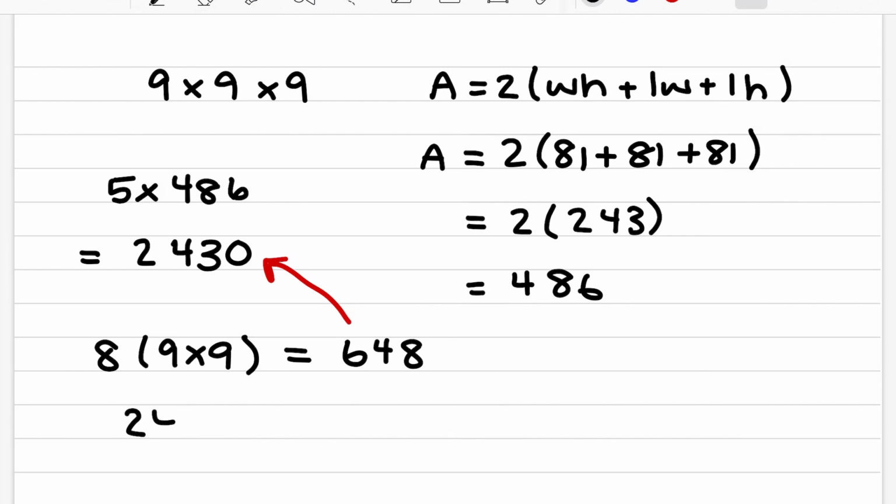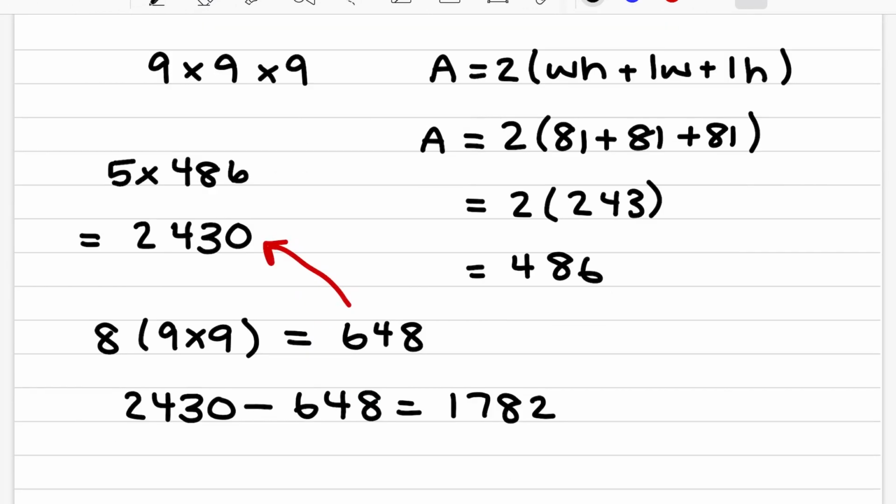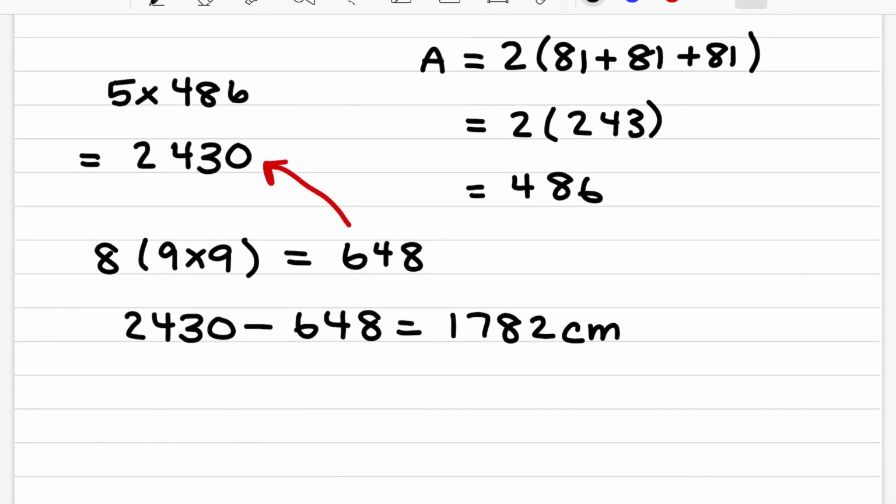So we can do 2,430 subtract 648, and that gives us 1,782. And that's going to be in centimeters squared because it is area.